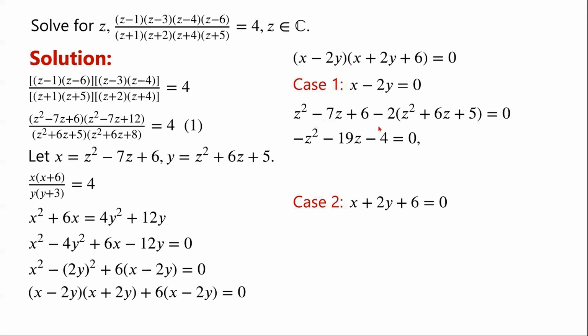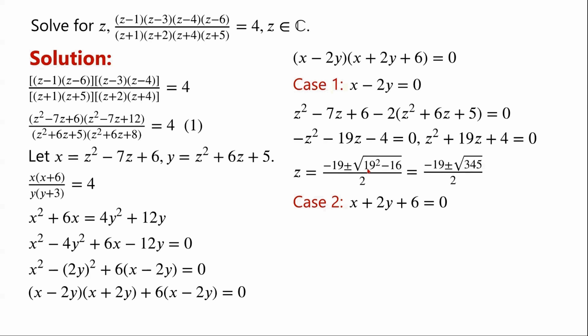Negative 7z minus 12z results in negative 19z. 6 minus 10 results in negative 4. By rearranging this result, we can write z squared plus 19z plus 4 equals 0. Using the quadratic formula, z equals negative 19 plus or minus the square root of 19 squared minus 16, all over 2. Since 19 squared minus 16 is 345, we have our first two solutions.